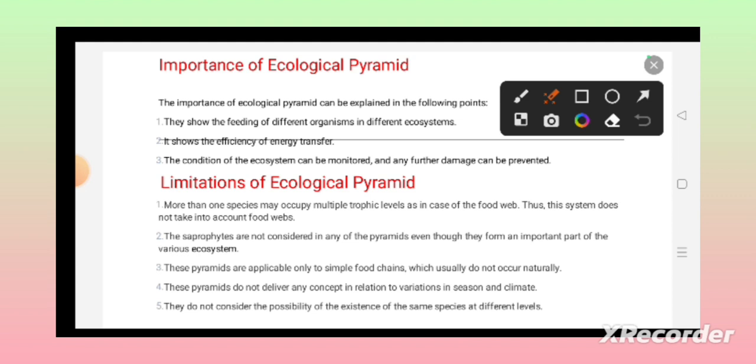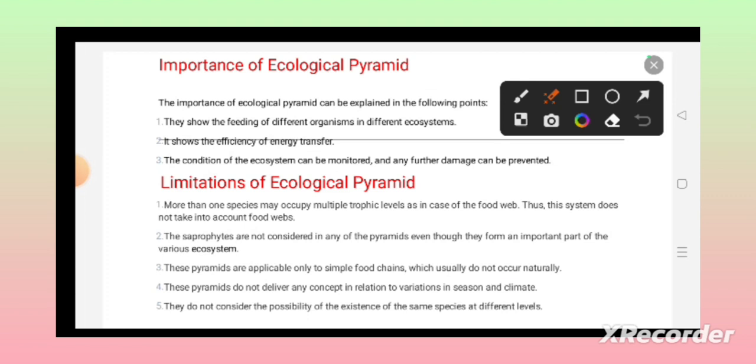In the relation between season and climate, we cannot take the information for all the types of seasons, because in a specific season there is a breeding season for different organisms, and loss of energy takes place in different trophic levels at different times. So this is also one of the major drawbacks. In some cases we take samples only.